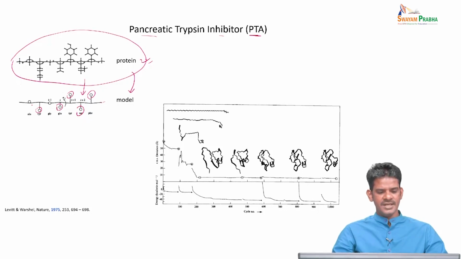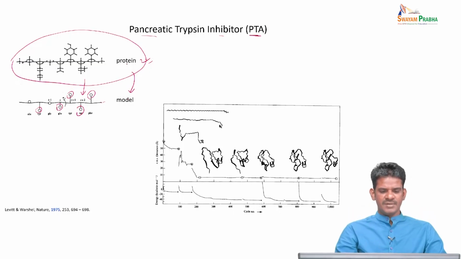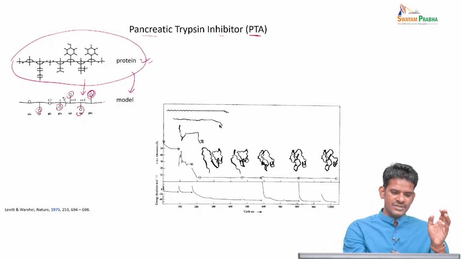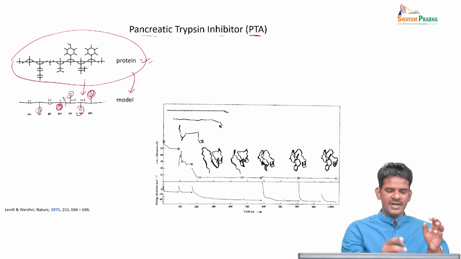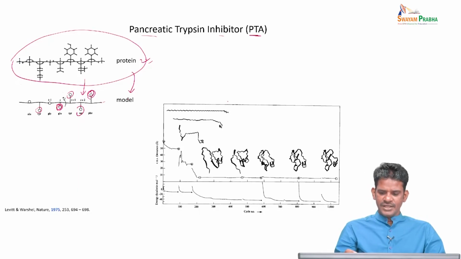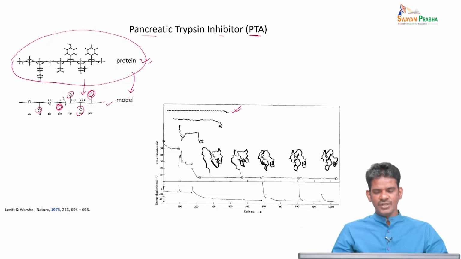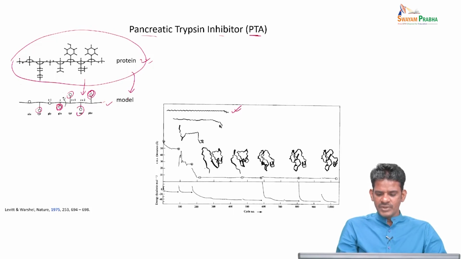Everything goes in there, but you can see that structurally, topologically, the model mimics that of the protein, though it does not have the finer atomic level details of the residues. Those are not important; the topological information is sufficient. Initially you start with a fully extended chain like this, then you do the computer simulation on the system, and you can see how nicely the protein folds as a function of time.